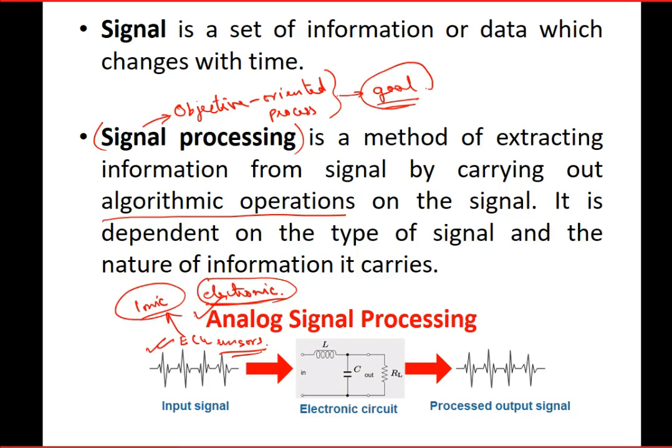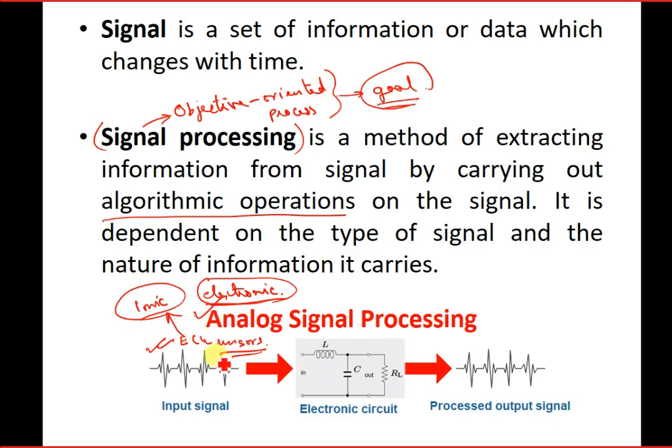Sir, ionic signals are the signals that are produced due to the flux of ions inside and outside of the cells. Yes, you are correct.